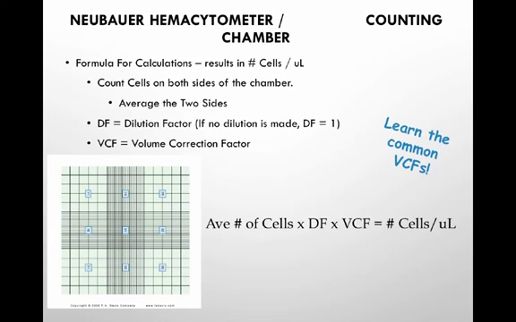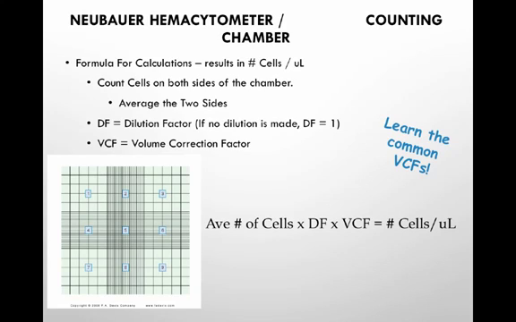The volume correction factor represents the total volume of squares counted in terms of 1 microliter. So that's the same as we saw previously. And for the volume counted, we're going to be looking at the width times the height times the depth times the area. So you should learn and know common volume correction factors. Remember that the volume correction factor is dependent on what squares were counted.